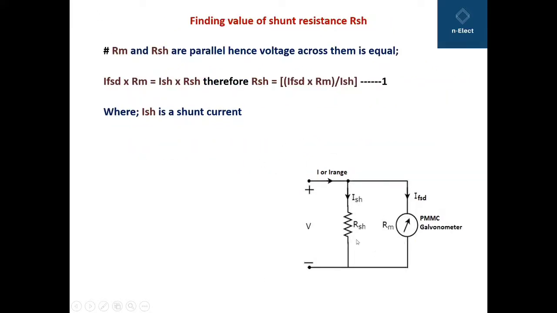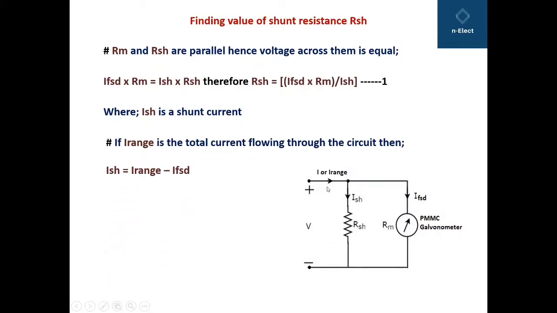Rm and RSH are parallel, hence voltage across this branch and this branch will be equal, and therefore we can write IFSD into Rm equals ISH into RSH. Therefore from this we can write the value of RSH as IFSD into Rm divided by ISH, which we are calling equation number 1, where ISH is the shunt current.